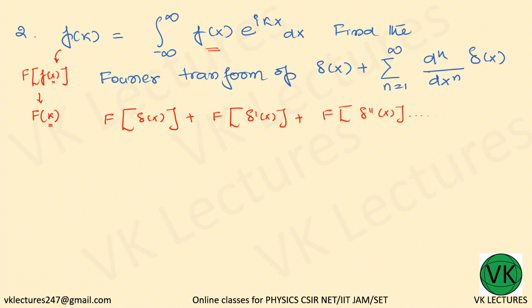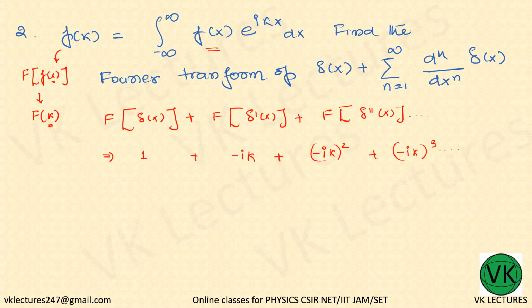Now this one we can write as the Fourier transform of delta of x is 1, plus the Fourier transform of delta dash of x is minus i, instead of s we have k because it is going to the k domain. So plus, this is again delta double dash, so minus ik to the power 2, plus again minus ik to the power 3, it goes on.